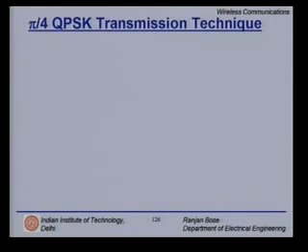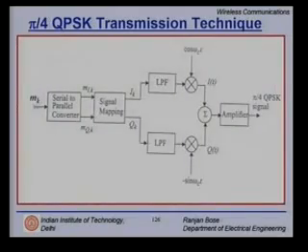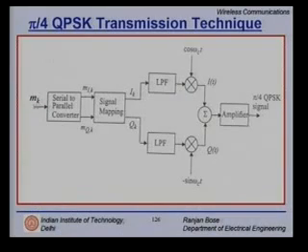Now let us briefly discuss some of the pi by 4 QPSK transmission techniques. In this slide we have the block diagram of the pi by 4 QPSK transmitter. Clearly we have the bit stream coming in, m_k, where you have a serial to parallel converter.